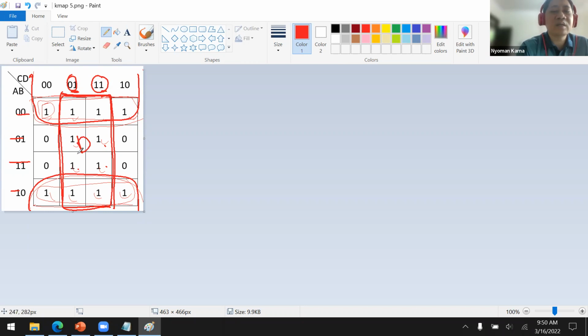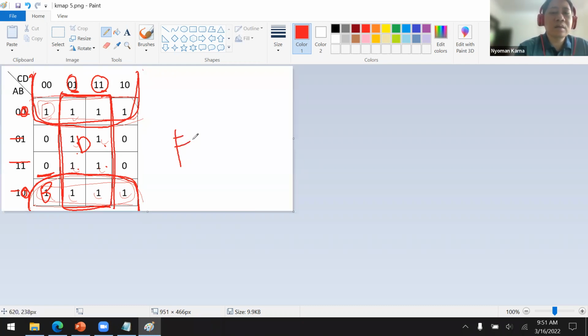So this is D. Now, how about the second group? How can we identify this group? The identification is not column-wise, but row-wise, which is when B is 0. So this one is B naught. So the function is B naught plus D.